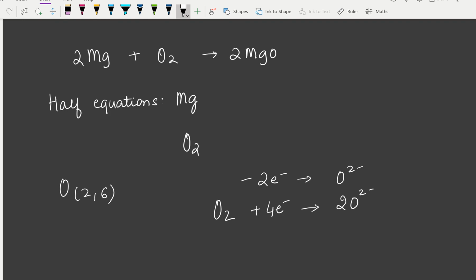That means this is my half equation, the one that I wrote down. So I'm rewriting this here: O2 plus 4e minus gives you 2O2 minus. Okay, fine.